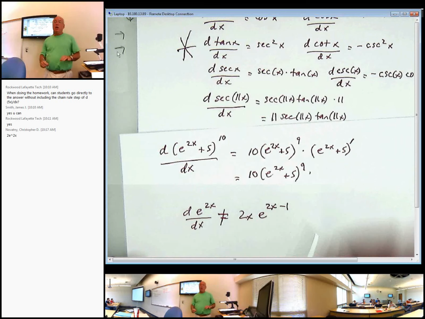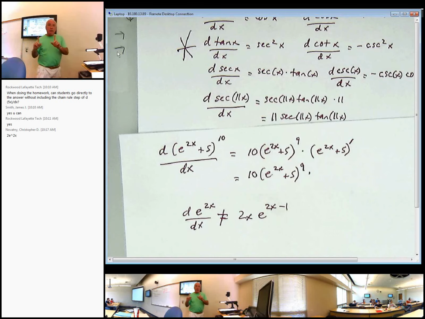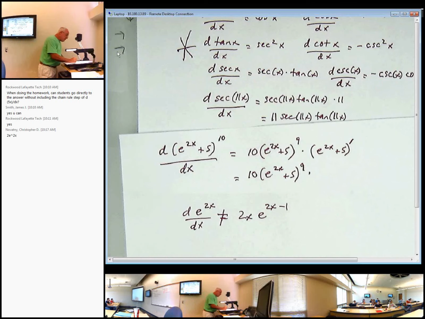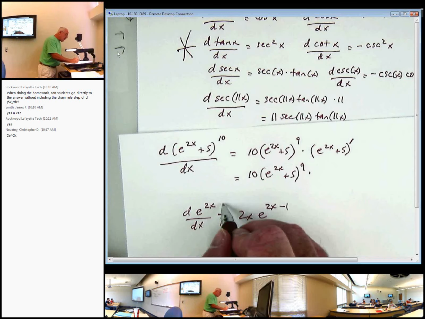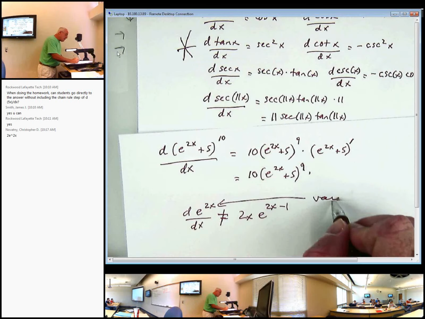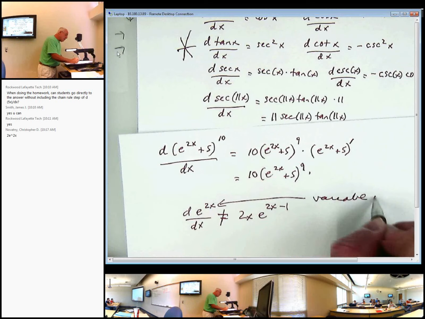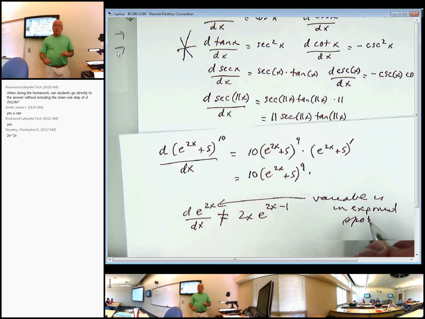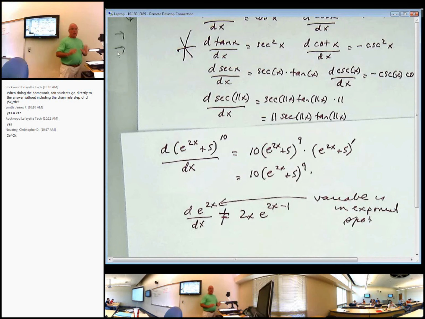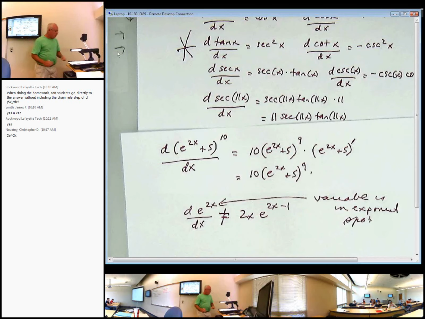We are not using the power rule with this. Notice with this expression, our variable is up in the exponent spot. So this is absolutely incorrect, so don't go there.